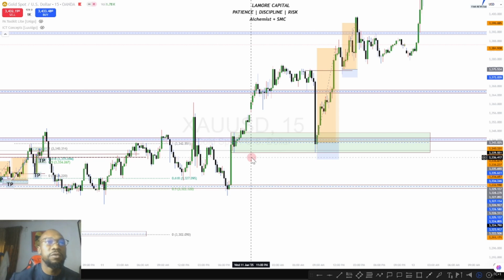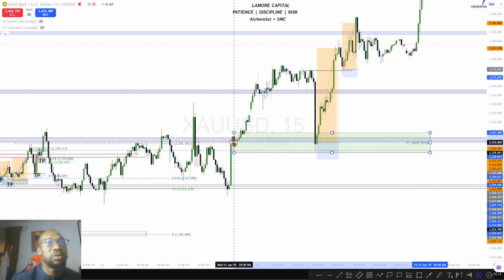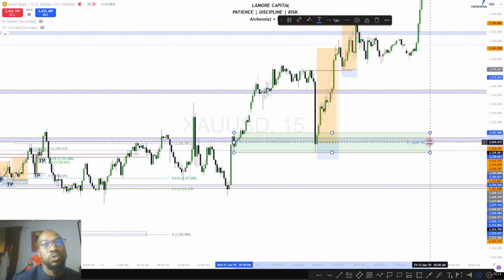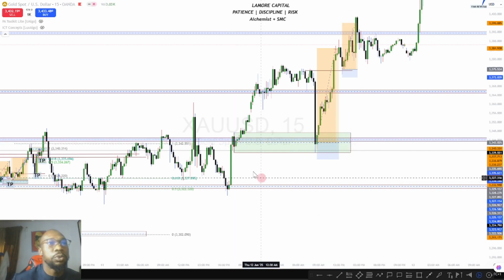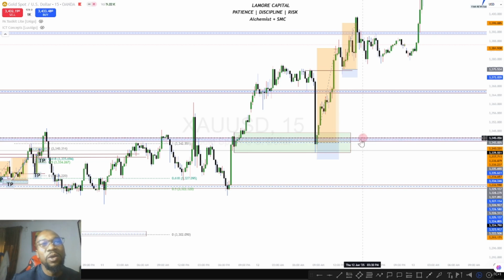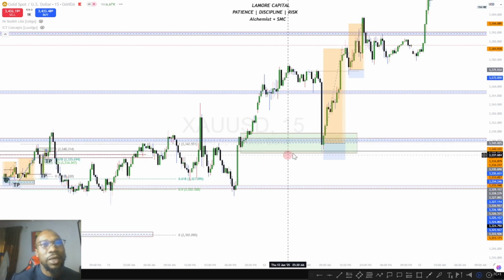So irrespective, I saw this particular demand zone. I call it my support zone. When I saw this particular demand zone lying on our psychological level, that's our reaction level, I said, okay, that's a good one.